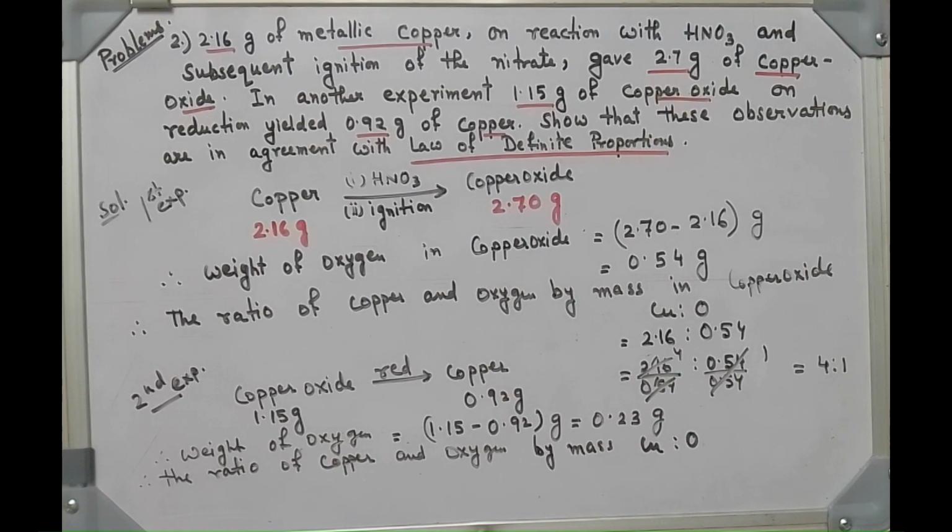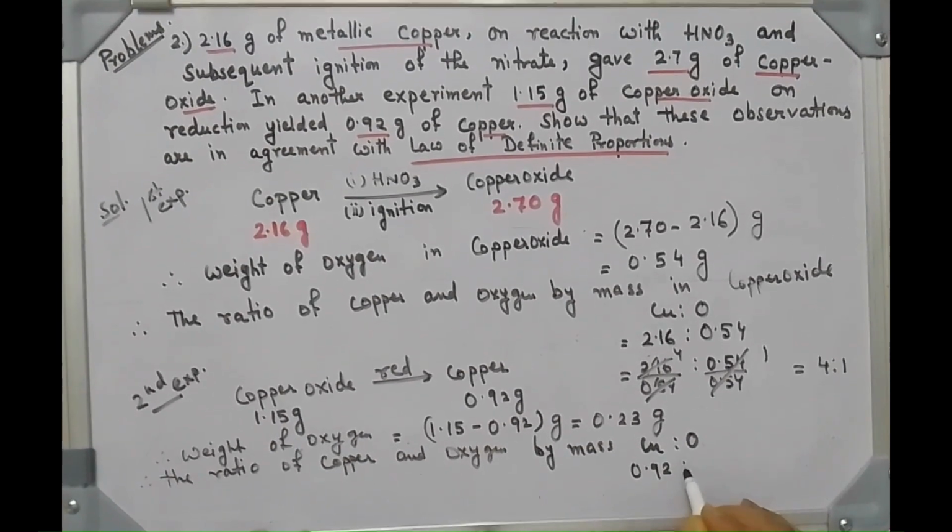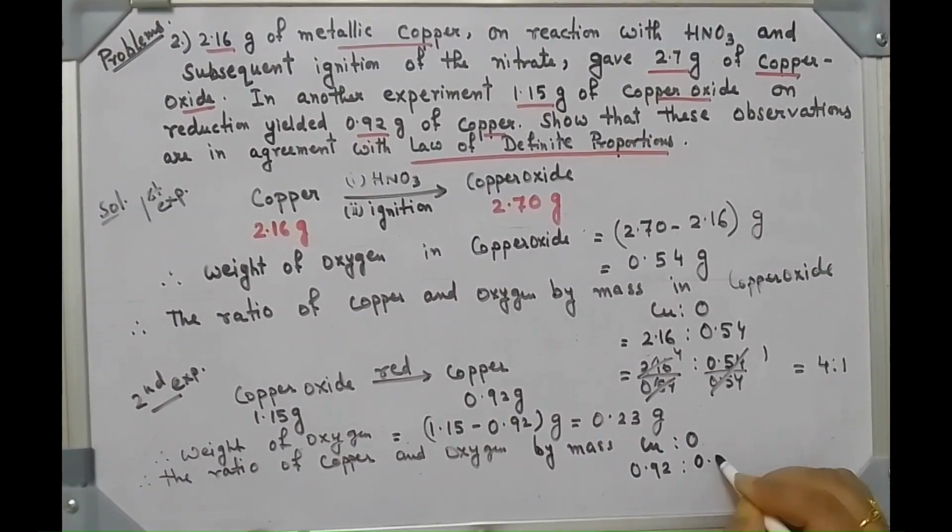Amount of copper is 0.92 grams, and amount of oxygen is this. So we have to simplify this one. If we simplify, meaning if you divide both sides by 0.23, you will get 4:1.